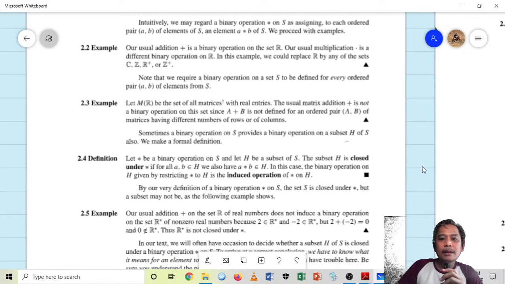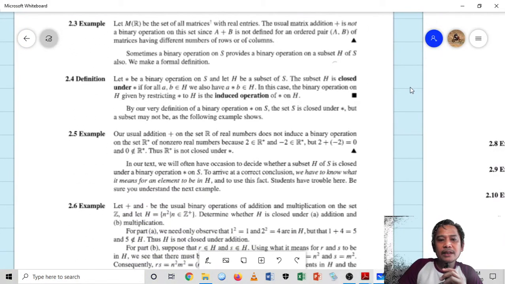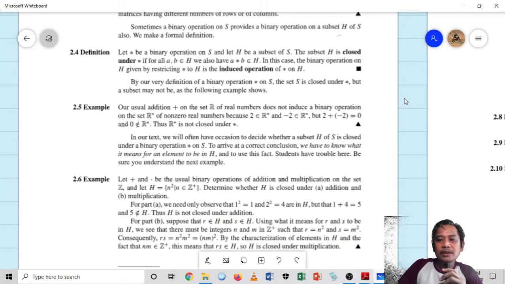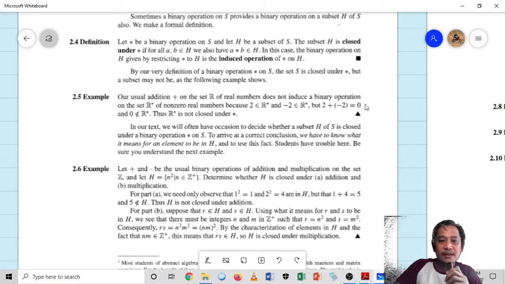Let us now talk about induced operation. Induced operation uses the concept of subsets. So there are now two sets under consideration. We have here definition 2.4.